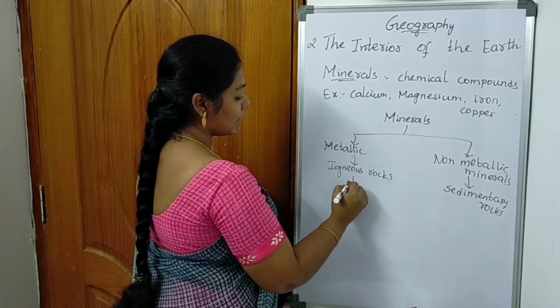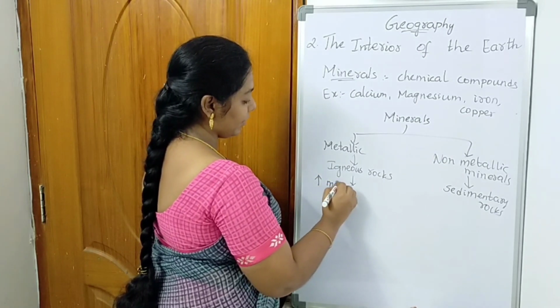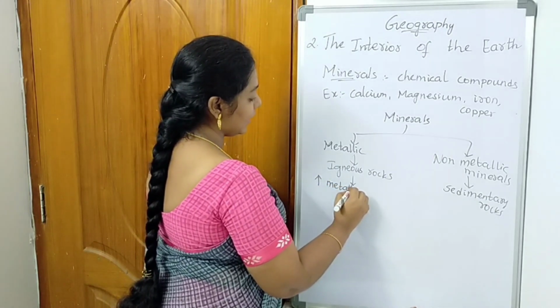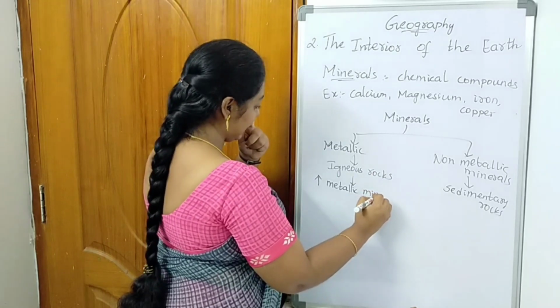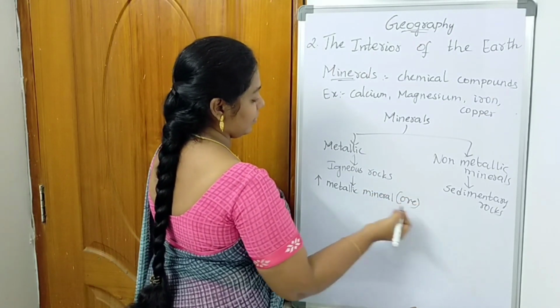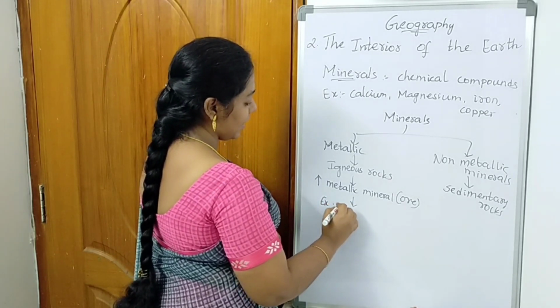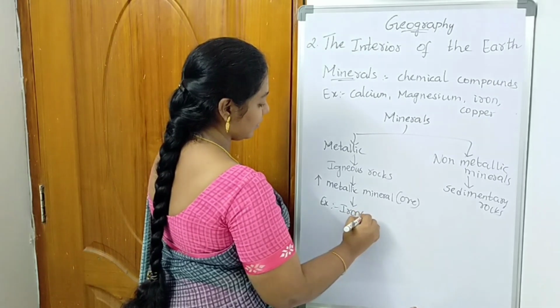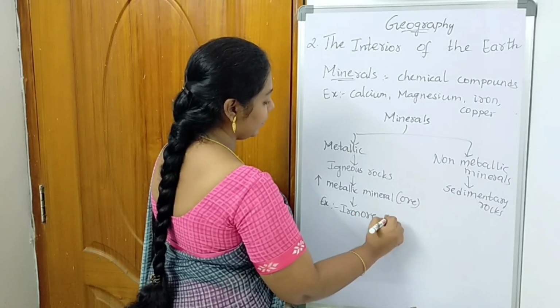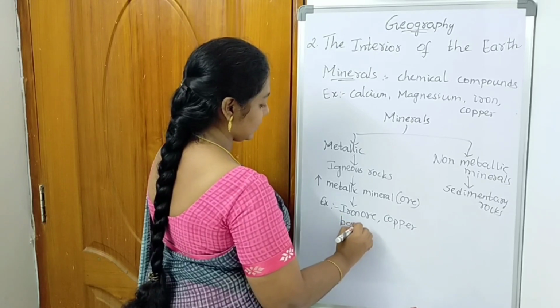If suppose there is high content of metallic mineral, then it is called as ore. Examples for these are iron ore, copper, bauxite.